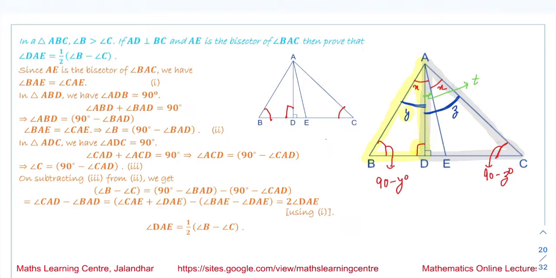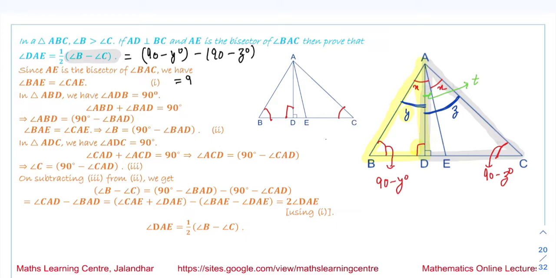Now what I have to calculate is the value of angle B minus angle C. Angle B is 90 minus y degrees, and angle C is 90 minus Z degrees.